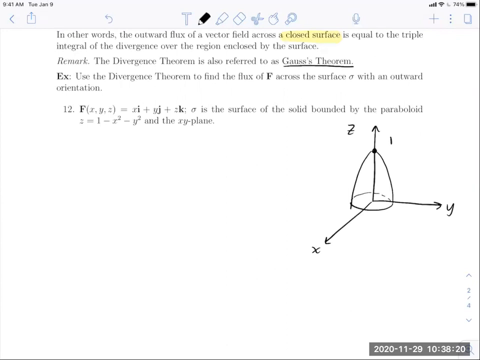And so I just want to make a note here that when z equals 0, which is the xy plane, we get 0 equals 1 minus x squared minus y squared, or in other words, x squared plus y squared equals 1. So this is the unit circle here in the xy plane. All right, so I'm going to note here that this is a closed piecewise smooth solid.